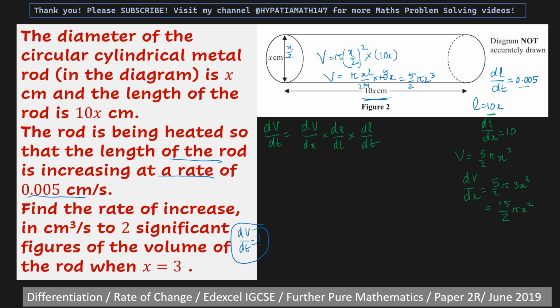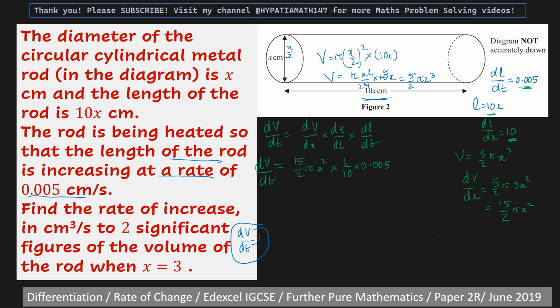So now let's put it all here. This is equal to dV/dx, so that is 15 over 2 pi x squared, times dx/dL, which is 1 over 10, because dL/dx is 10, and multiplied by dL/dt, which is 0.005. So that is my dV/dt.